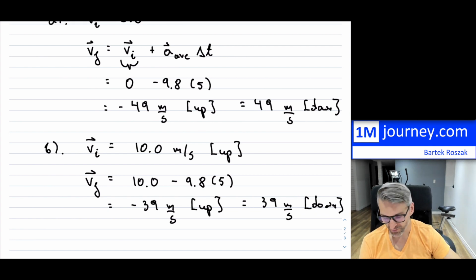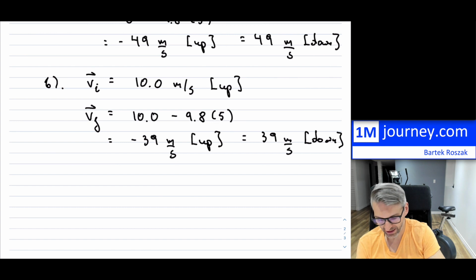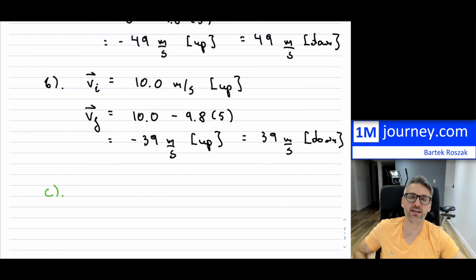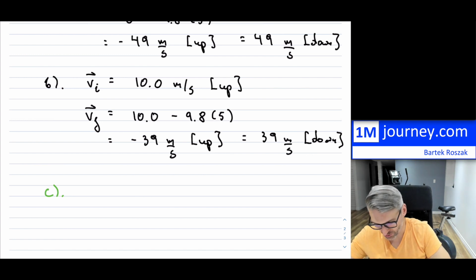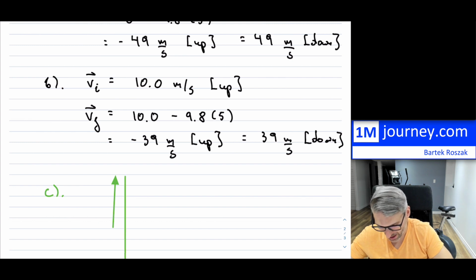And lastly, another question that you might run into is the actual distance that is covered. And this is, of course, with respect to the displacement. So be careful here, because if you want to know what the distance covered by the ball is, you are going to move a certain amount up, right? And then you're going to be moving a certain amount down.